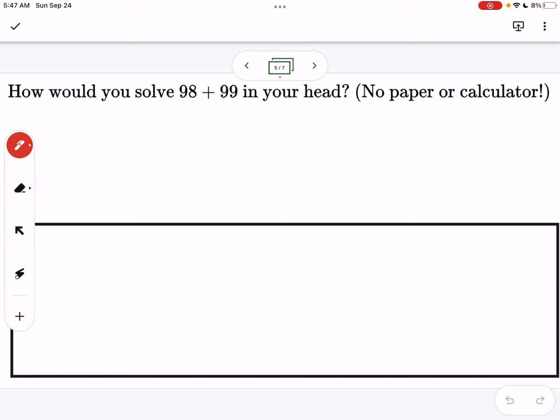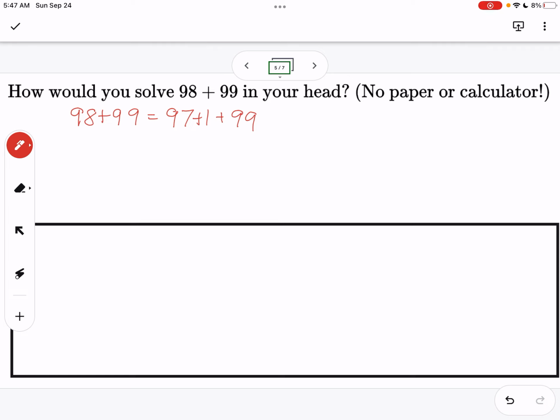So another way we could solve 98 plus 99 in our head without using paper is I could think, hey, 99 is really close to 100. Now if I take 1 away from 98 and add it to 99, that'll make my addition a lot easier. So I can rewrite 98 as 97 plus 1 and add that to 99.